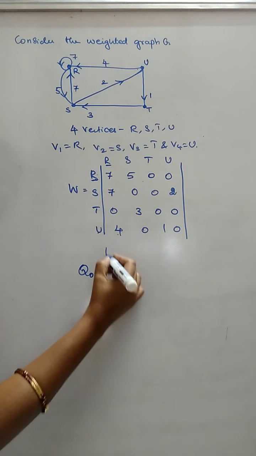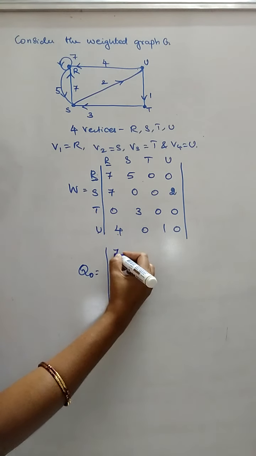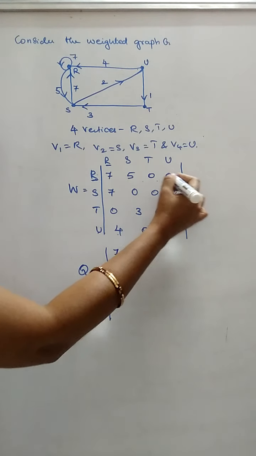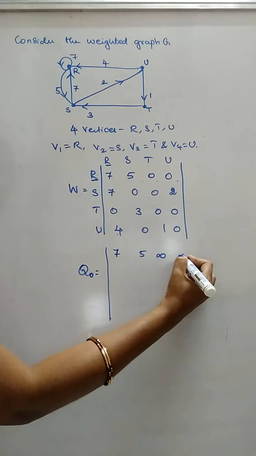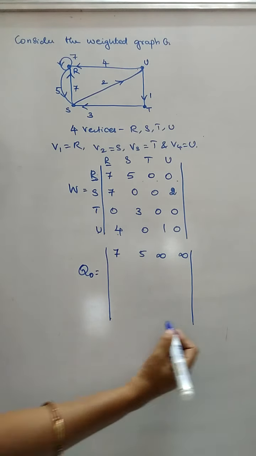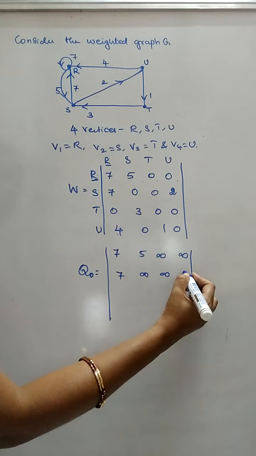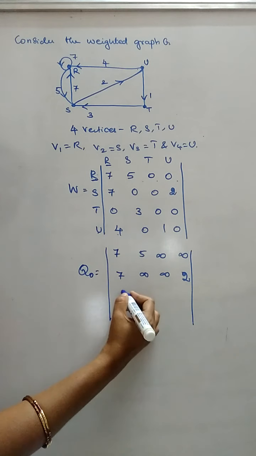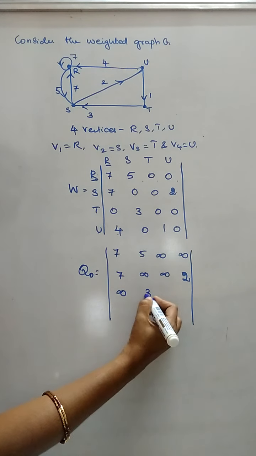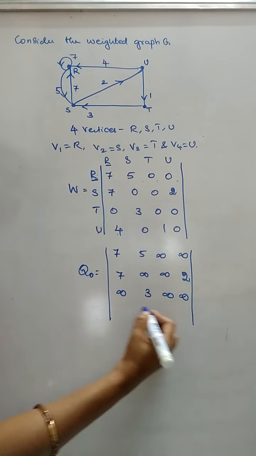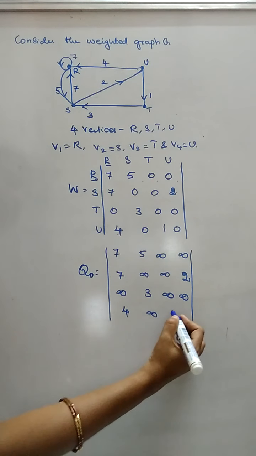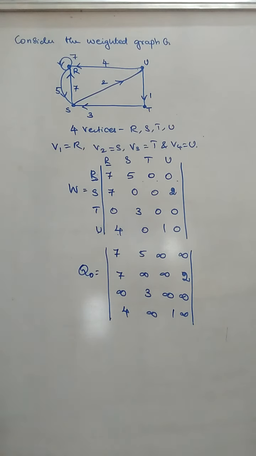For example, here I will have 7, 5 and the rest of the 2 zeros will be replaced by infinity. And then 7, infinity, infinity, then 2, then infinity, 3, infinity, infinity, 4, infinity, 1, infinity.